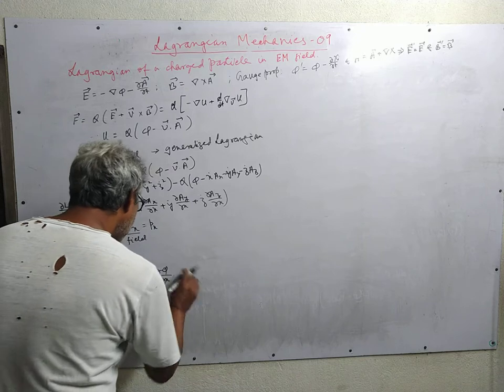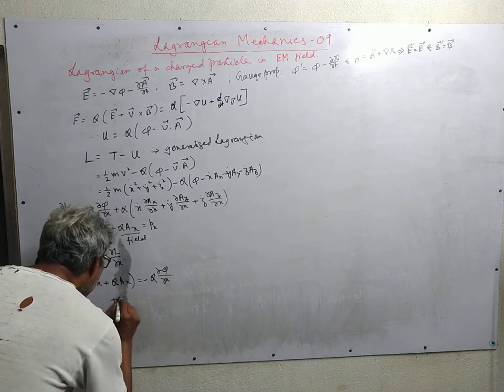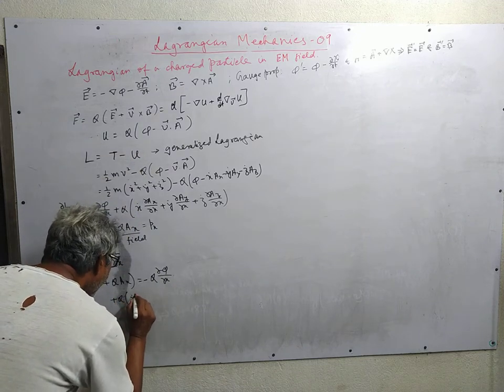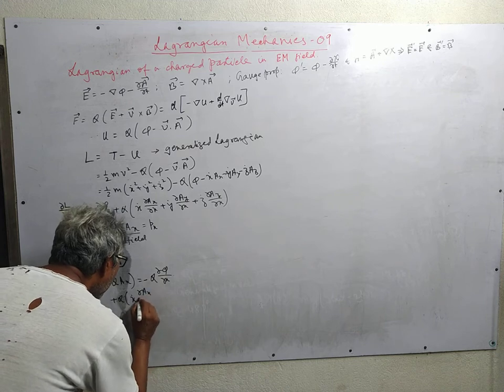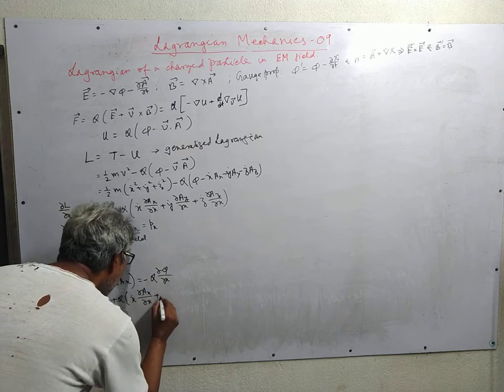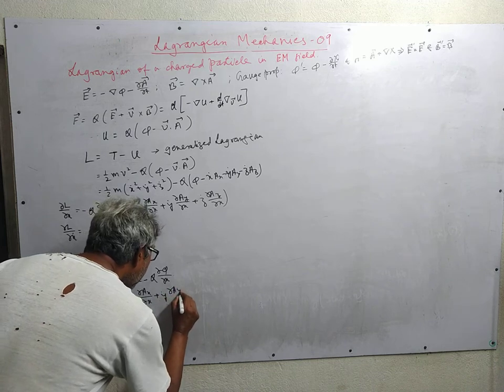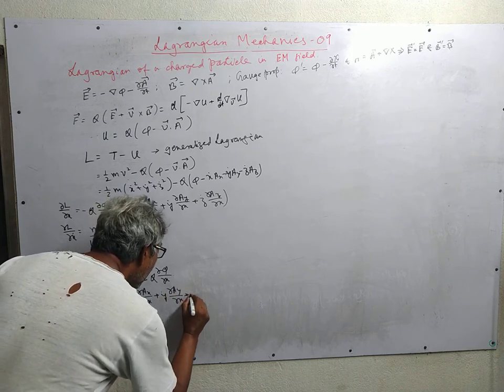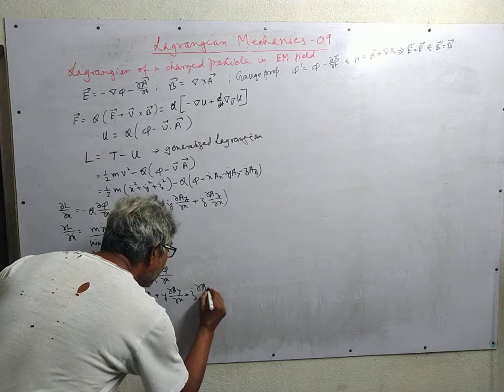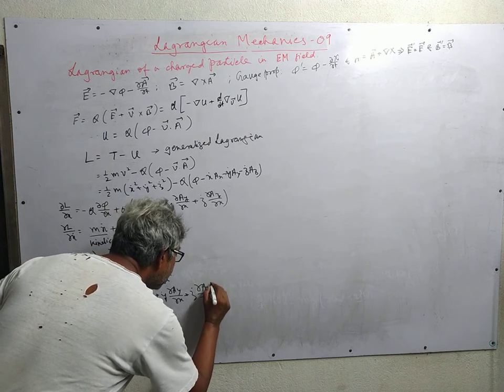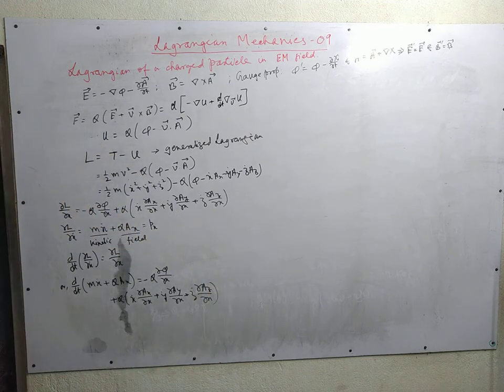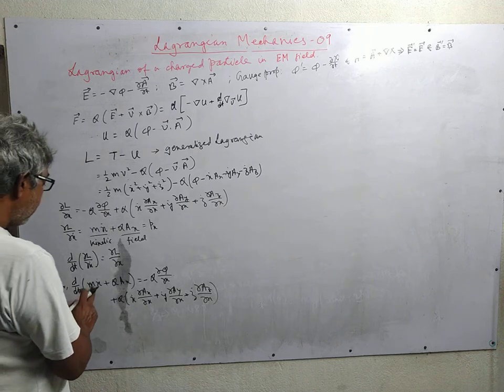Let me write it: plus q times x dot del x by del x plus y dot del y by del x plus z dot del z by del x. Now this has two terms. First term is m x double dot.